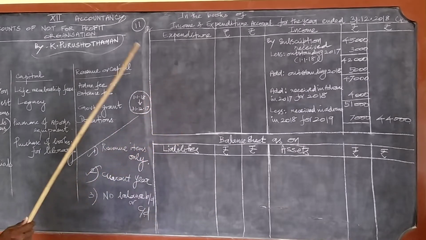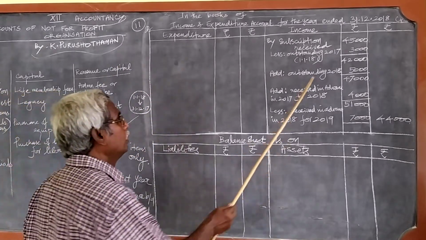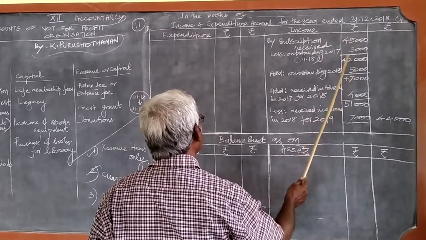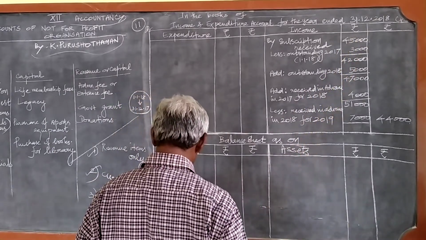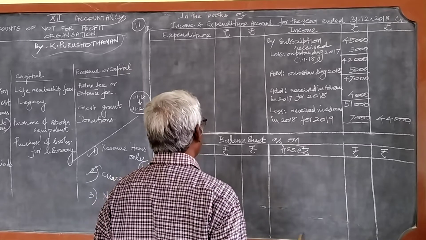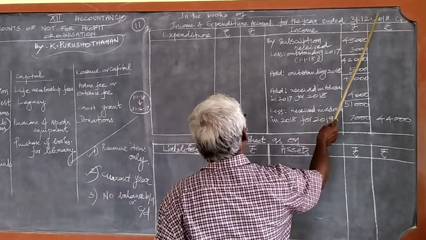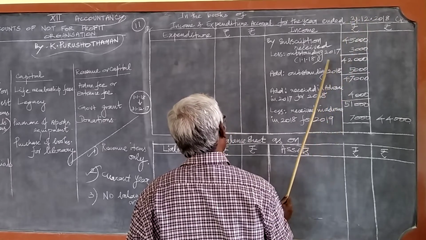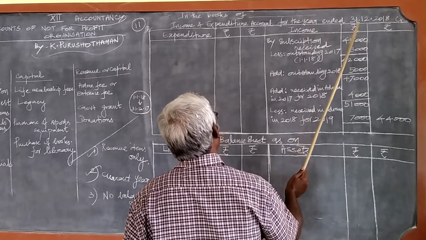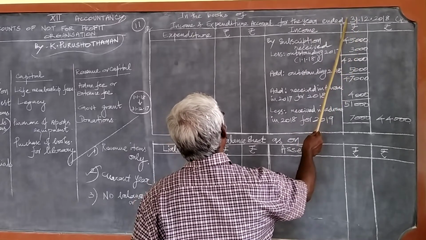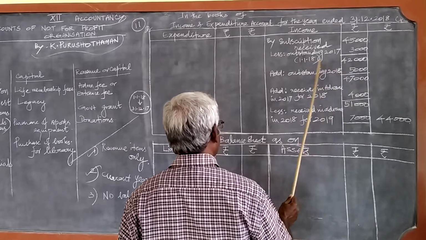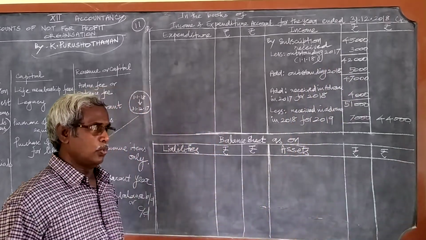So this is for 2017. So you minus it. You will write 45 minus 3, 42,000. Then the same line, subscription outstanding on 31/12/2018. There is some subscription outstanding, therefore that outstanding amount is related to this year, therefore you add 42 plus 5, 47,000. So the first line is over.